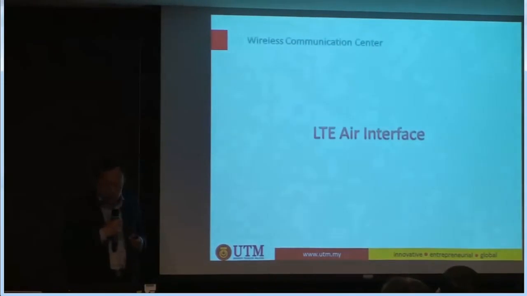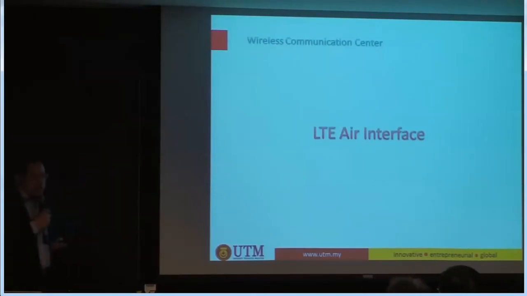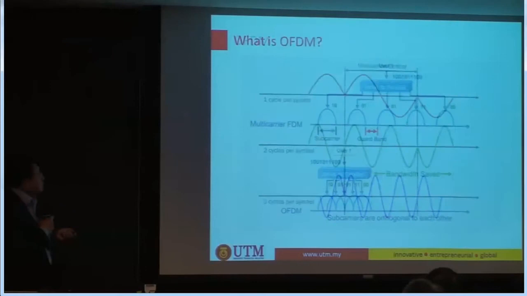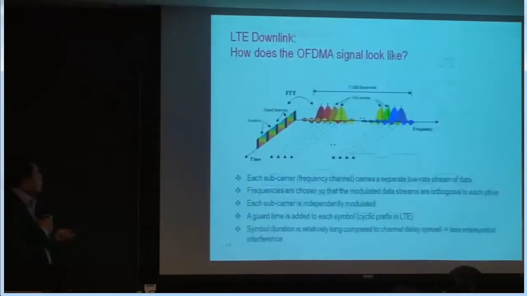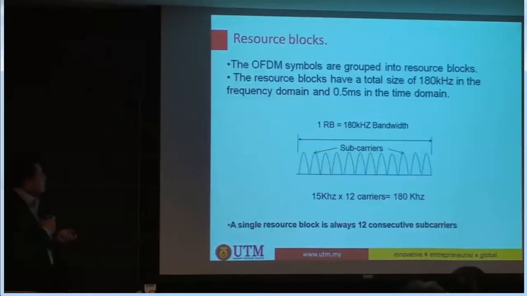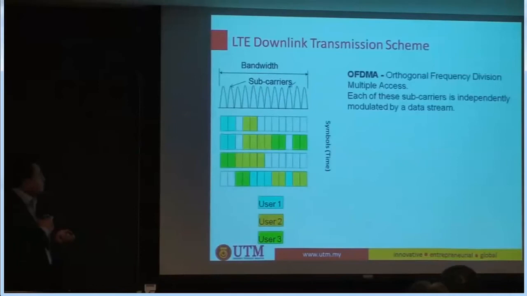In order to reduce the complexity of the mobile or UE, in LTE they decided to use single carrier FDMA for the uplink, in order to overcome the effects of the PAPR. So maybe I will just go straight to the last slide that we talked about yesterday.